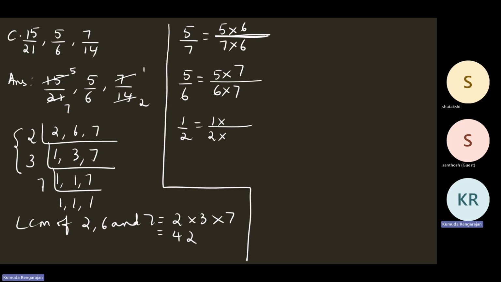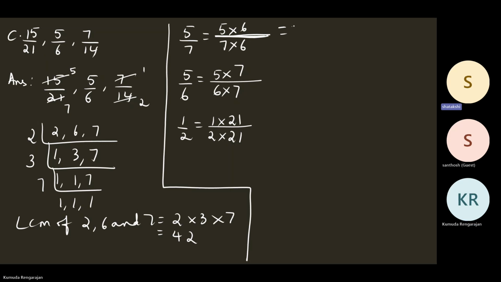What is the remaining number? 7. So you should multiply the numerator and denominator by 7. Then in the last fraction, the denominator is 2. So ignore 2. 3 into 7 is 21.